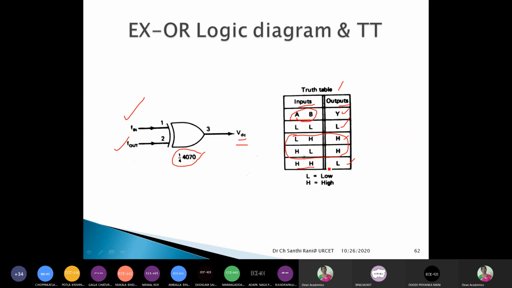When it is low and low, output is low. When it is high and high, output is low. But when one input is low and the other input is high, exclusive, therefore output is high. When one input is high and one input is low, then output is high, right? It is an exclusive OR gate and its logic diagram. I need not stress this much.